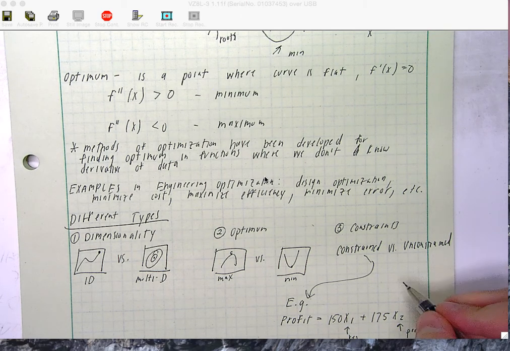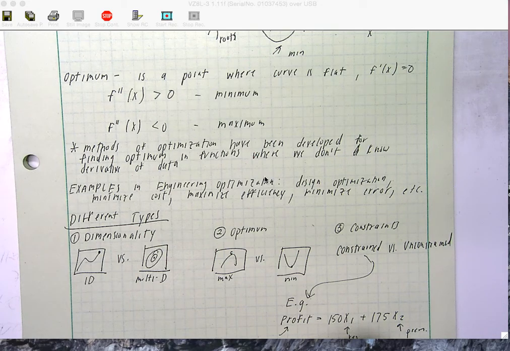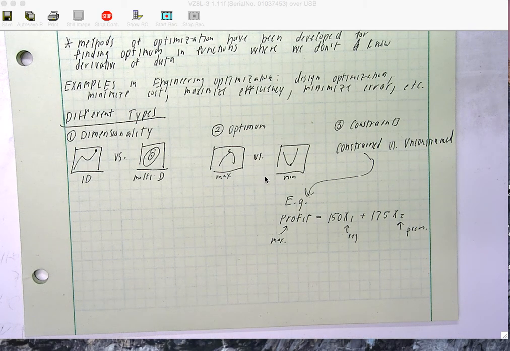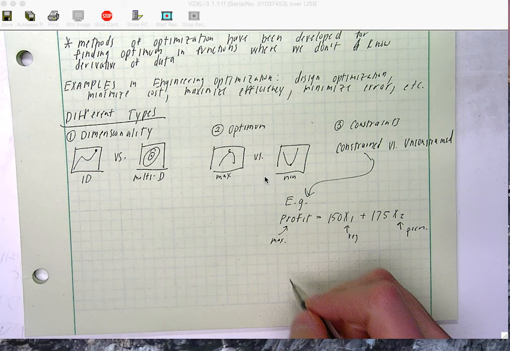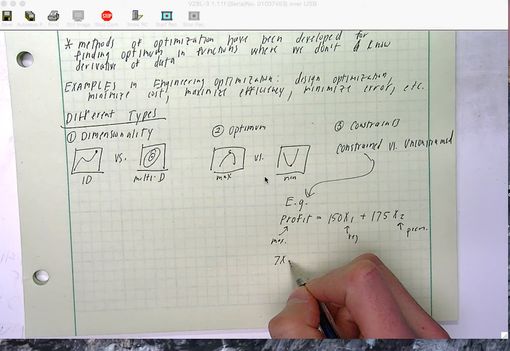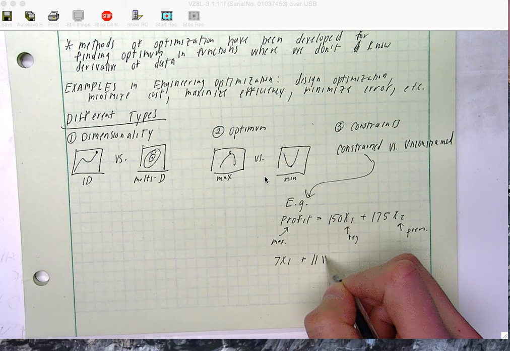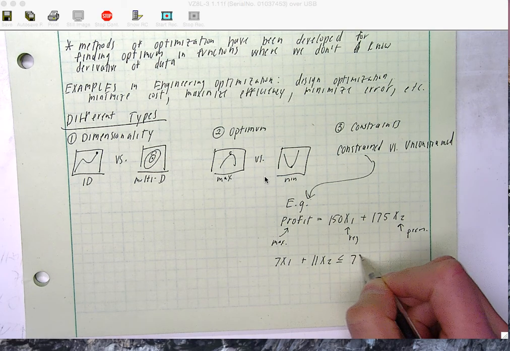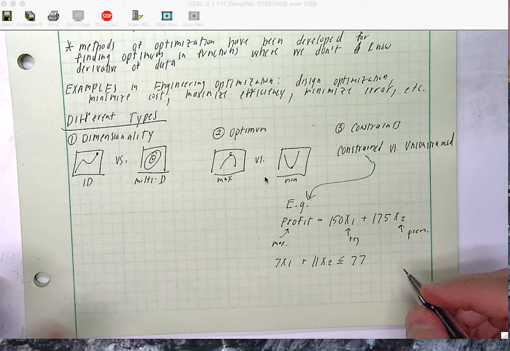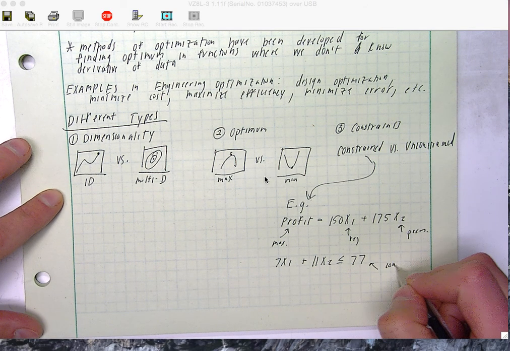And let's say that you want to maximize your profit. And so that's the function that you're trying to maximize, but that there's constraints with those materials, like you have some equation that constrains the amount of material that's available. Maybe that's the amount that can be held in that system or something. So this would be an example of a constraint.